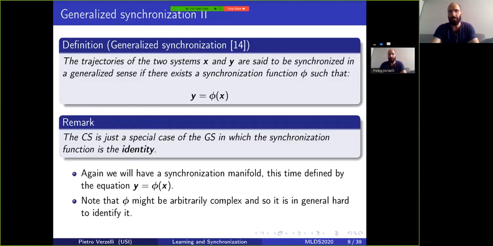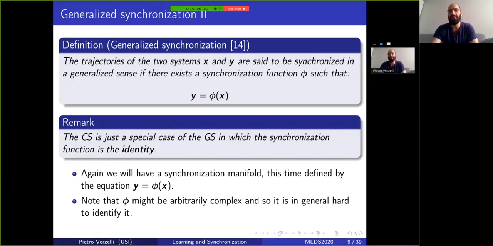And again, this is just a generalization of the complete synchronization, where the function is the identity. So in the complete synchronization scenario, phi must be the identity. In this more general scenario, phi can be any function with some limitations, of course, but we're not discussing this now. And this will define, again, a new synchronization manifold with a new equation, of course.